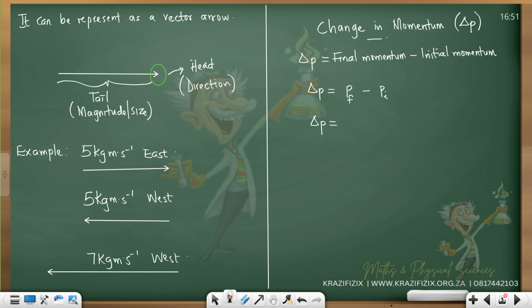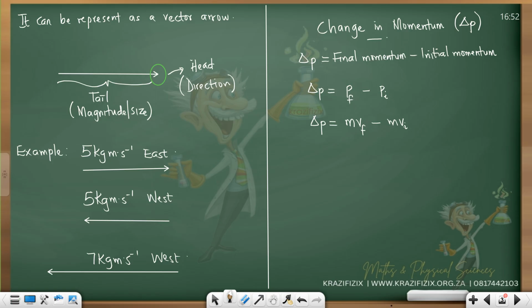Now, we do know that momentum is the product of mass and velocity. So I can have this as mass times the final velocity minus mass times the initial velocity, because the velocity is what is changing. The object's mass at this time is not changing.